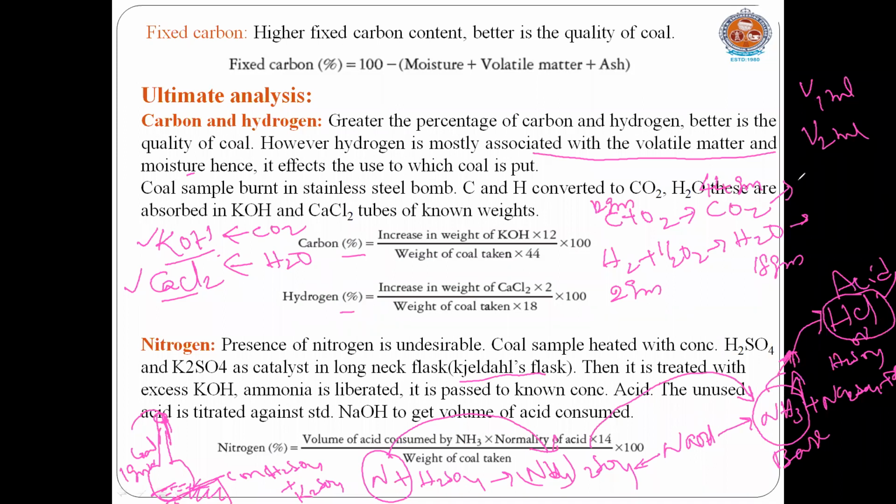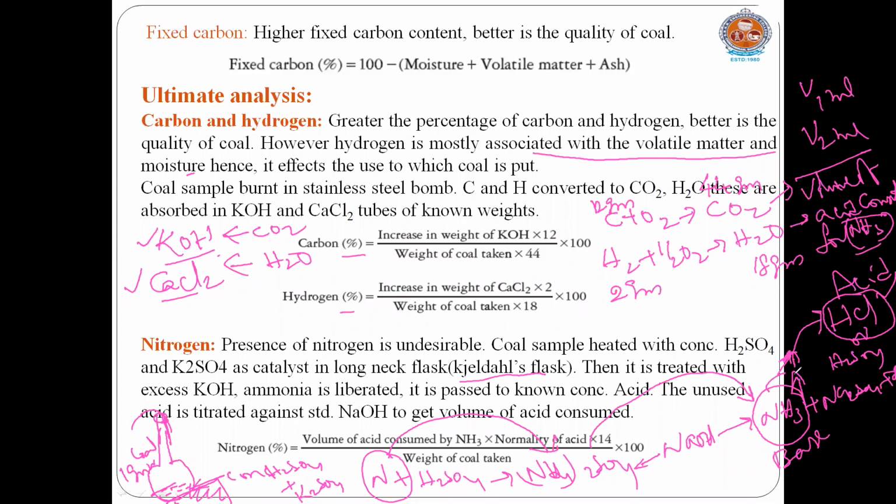So V1 minus V2, the difference in volume, is the volume of acid consumed for what? The liberated ammonia, right?